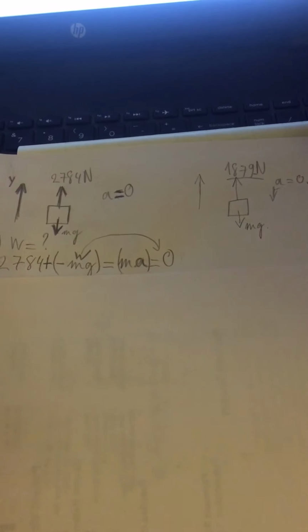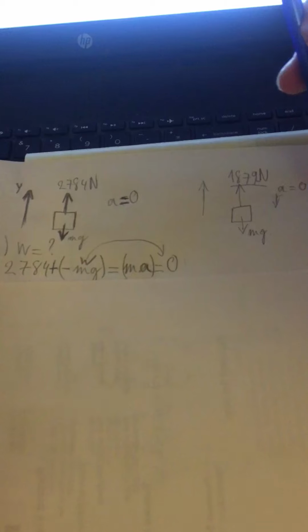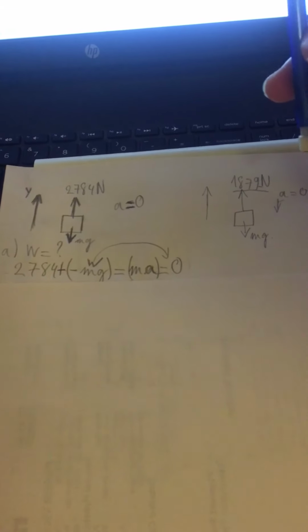So in this case, the engine provides an upward force of 2784 Newton, and the craft descends at a constant speed. Because the craft descends at a constant speed, the acceleration is zero.